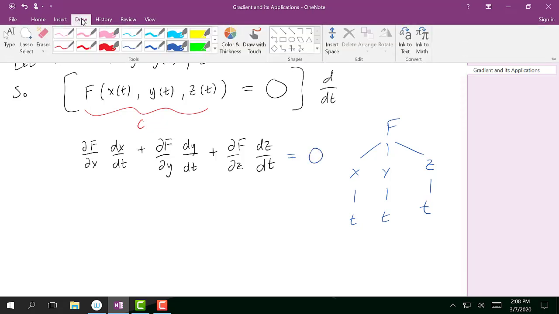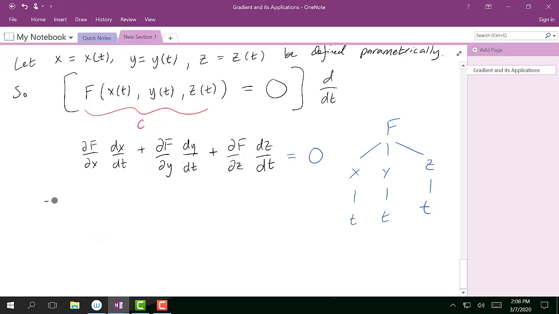And so what this gives us is, well, what we have here is a dot product, right? Because each term that we have is two things being multiplied together. So all this really is the dot product of the vector Fx, Fy, Fz, all these partial derivatives. So be thinking about what this is.